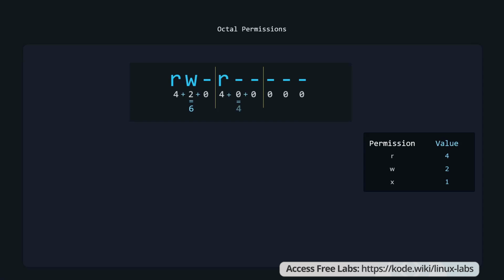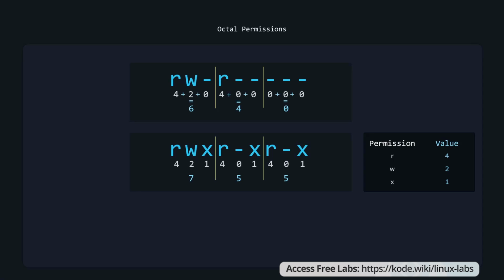is 0. Let's look at using the same approach for the other examples as well. So RWX, R-X, and R-X gives us 7, 5, 5. And full permissions give us 7, 7, 7.